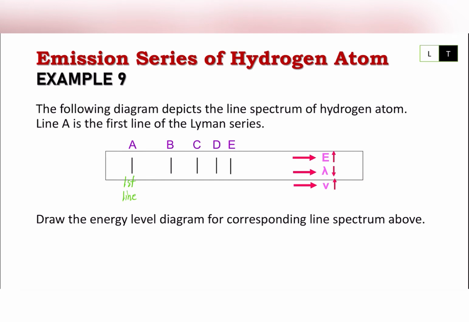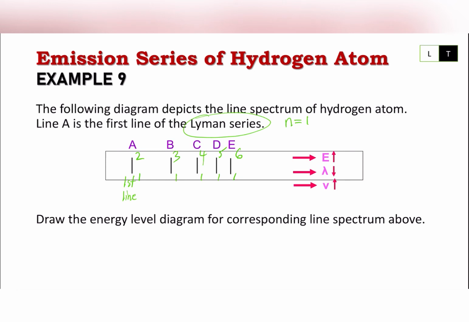The keyword here is the series, Lyman series, so automatically the ground state will always be n equals 1. Now all of them will be 1, 1, 1, 1, and 1. For the first line, it will be 2 to 1, 3 to 1, 4 to 1, 5 to 1, and 6 to 1, and so on.